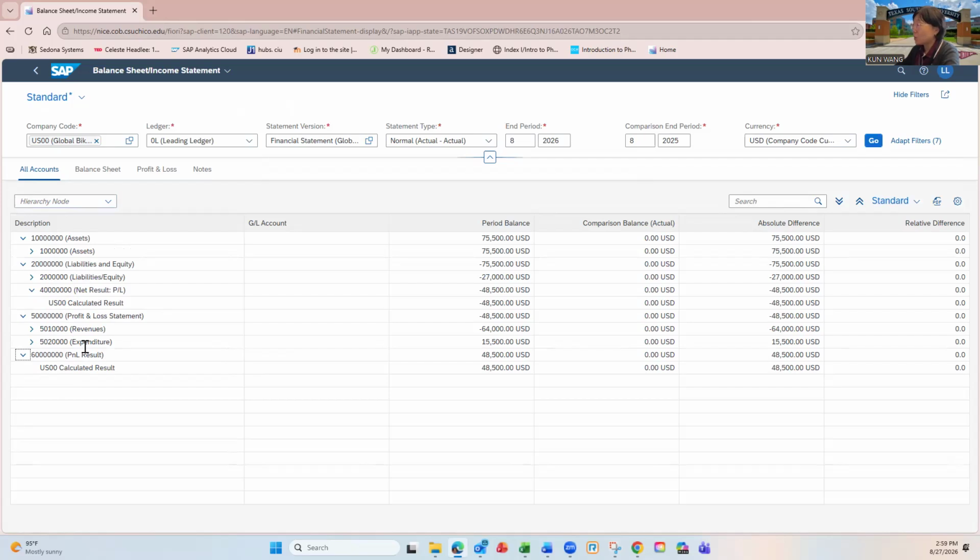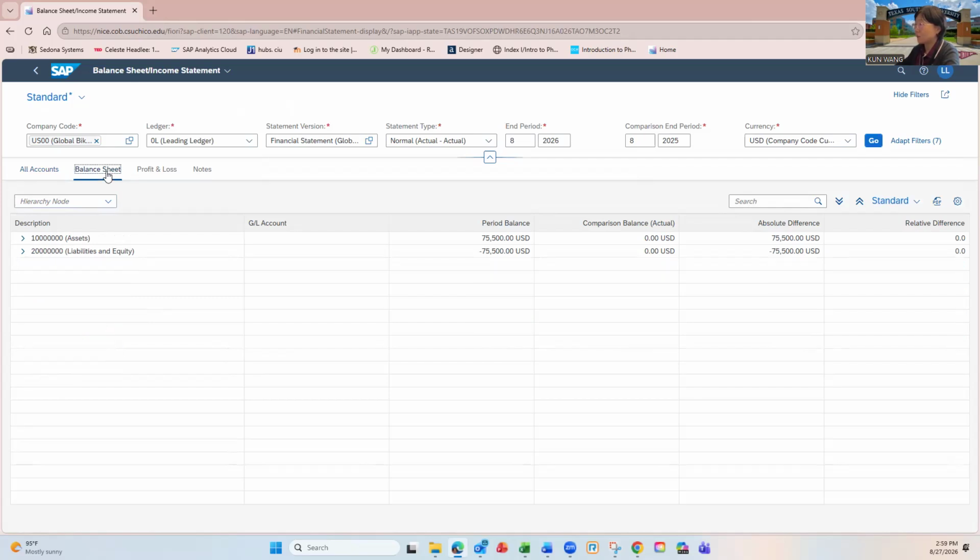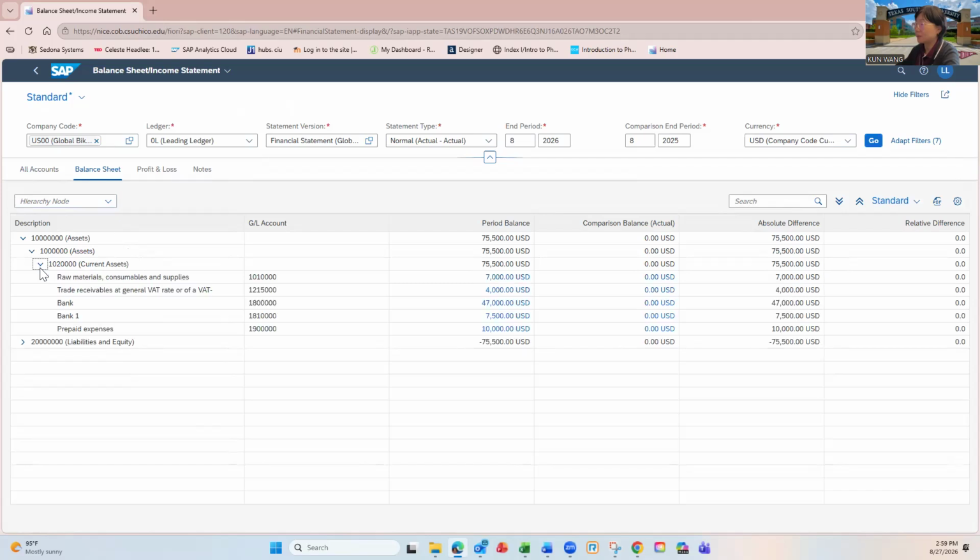So that's an overall account display. And now if we look for the balance sheet, again assets, liabilities, and equity, right? We drill down current assets. Again, you wouldn't have bank one. I used this before, so yours will look different from mine in terms of the accounts and the numbers.